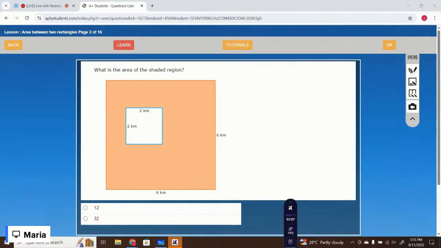That is 36 minus 4 is 32. Option number 2 is the correct option.